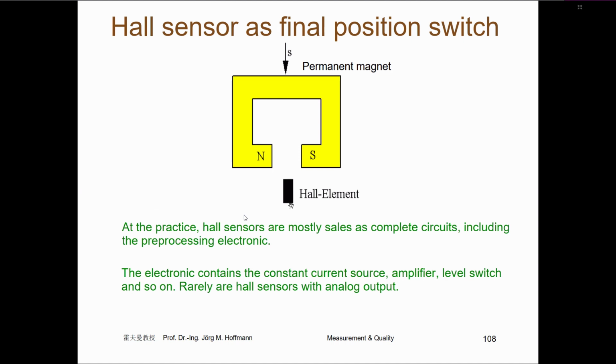Sensors with an analog output also exist, but that's very rare. Normally, the circuits have a switching output, and then you can very easily measure the position of the element or the position of the permanent magnet.